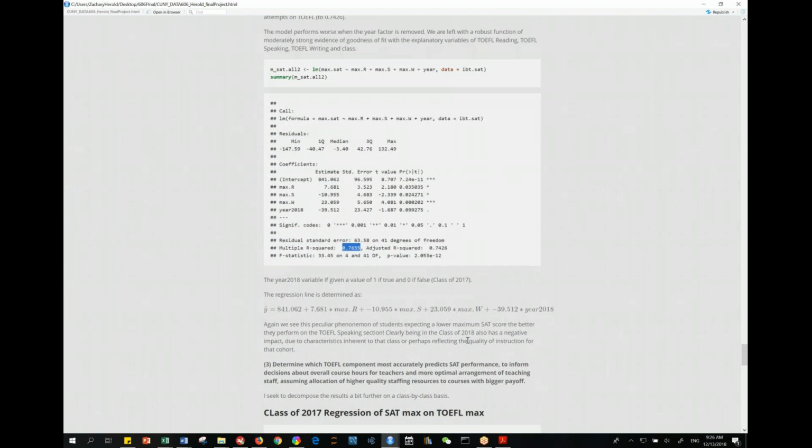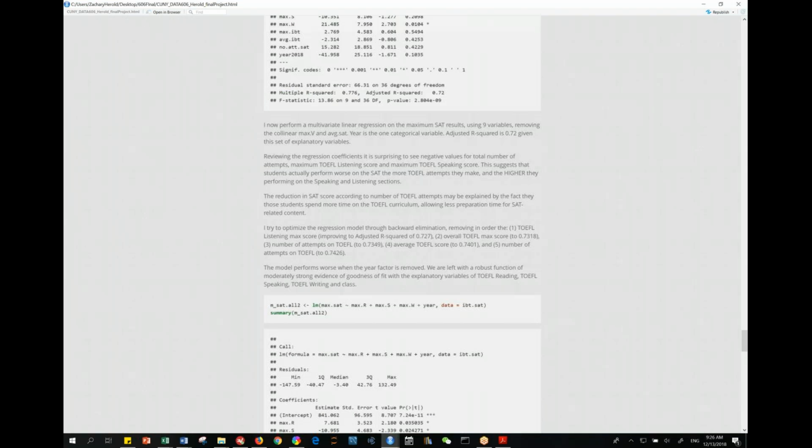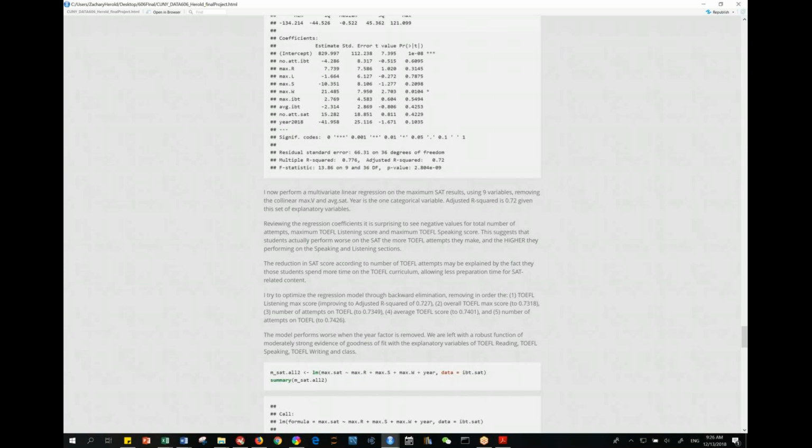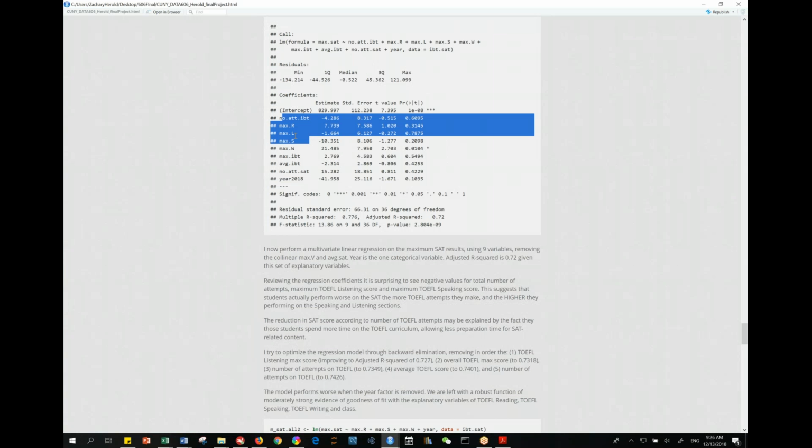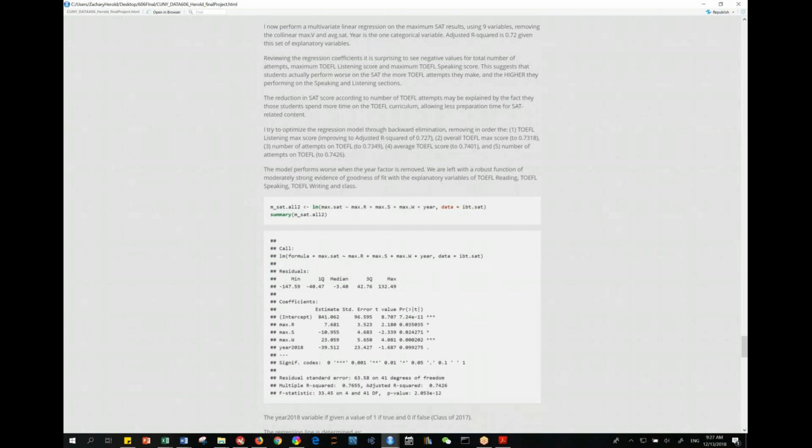So it was interesting, I basically eliminated all of these factors, like listening was eliminated, number of attempts taking the test was eliminated, and the averages were actually eliminated, I think due to collinearity.